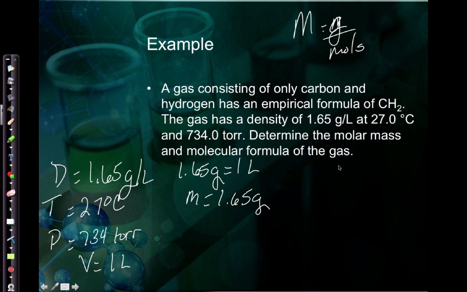So I'm going to use the ideal gas law to find the number of moles, because I have a pressure, I have a volume that I set, I have R, and I also have temperature. So now I just need to convert all of my units. So I have 27 plus 273, that's going to give me 300 Kelvin.